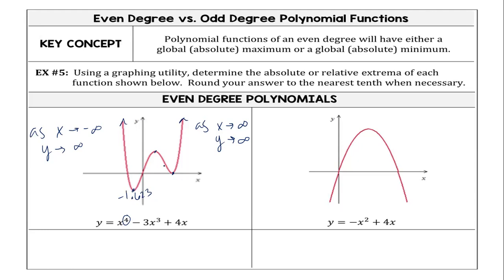Then our next one was at, what did I write down? 2. I just wrote down the y. Yeah, you only need the y. And then I wrote down, what was my max one? Oh, 2.